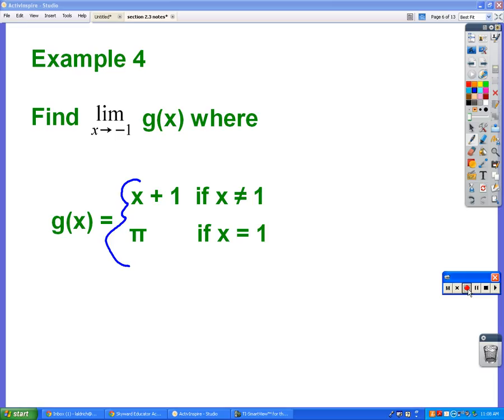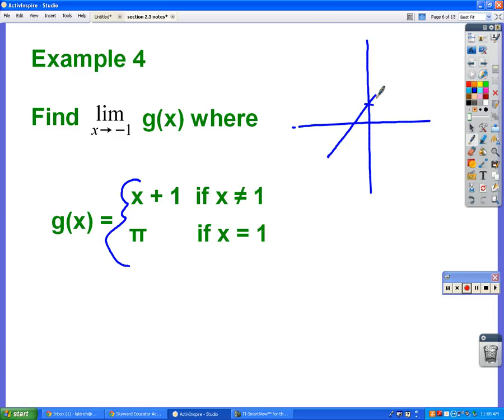Okay, so you can do limits with piecewise functions too. So if we want to find the limit as x approaches -1 of g of x, then what are we doing here? Oh, so this is a very strange function that for some reason they decided to make a straight line. So this is x plus 1.